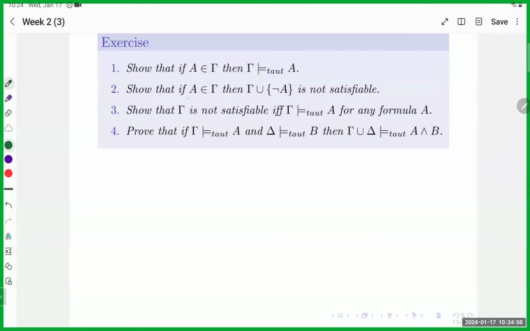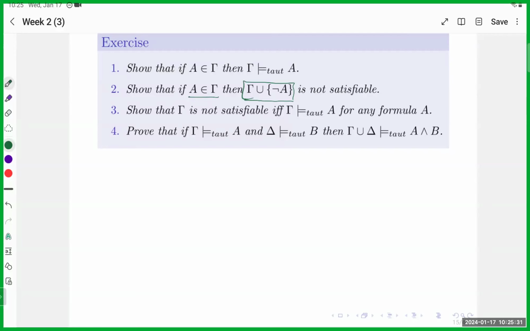Let's show that if A is in gamma, then gamma union negation of A is not satisfiable. This is a set of formulas. We defined the notion of satisfiability for a set of formulas: a set of formulas is satisfiable if and only if there's at least one state that satisfies it. So you need to show that there is no state that satisfies this set.